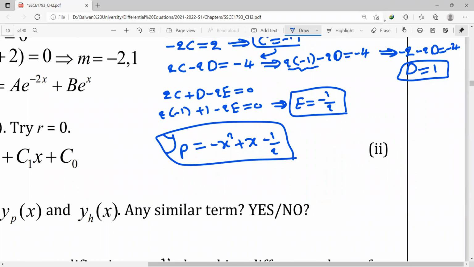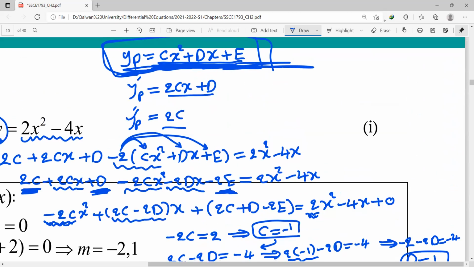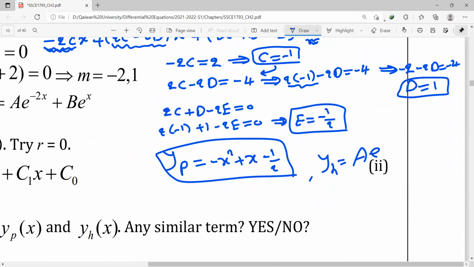And you also found yh. It is a e to the power minus 2x plus b e to the power x. The sum of these two is the general solution.